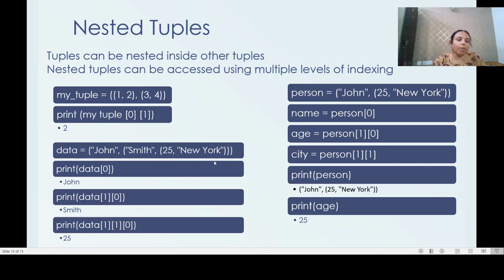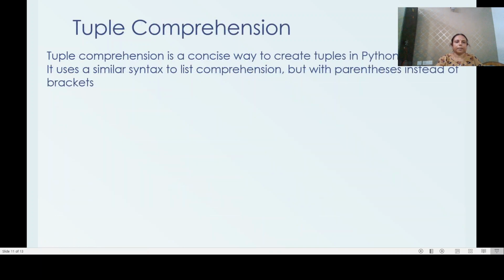So if I want to refer to this item, the index will be 1. Within this index, if I am referring to this item, this is 1. So 1, 1. Within this tuple, if I want to refer to any value, I have to use the third indexing. So this is how we can access multiple levels of indexing in a tuple.